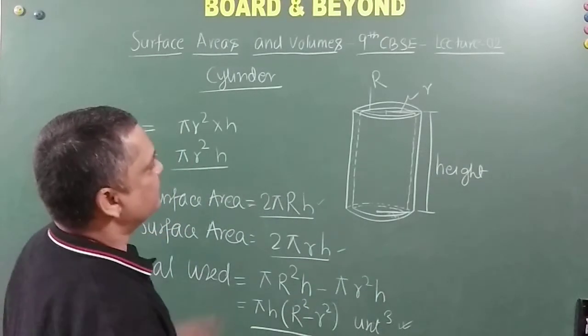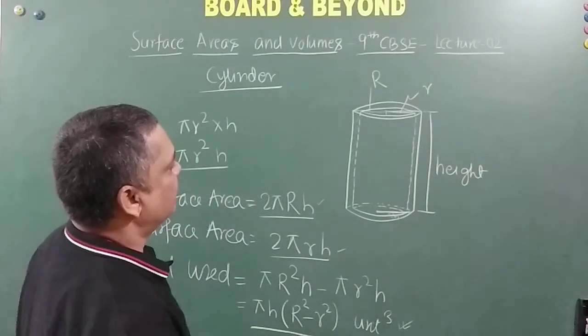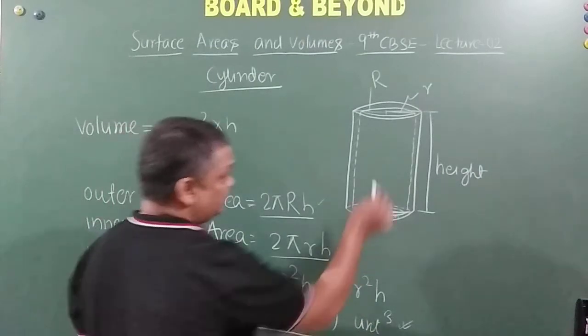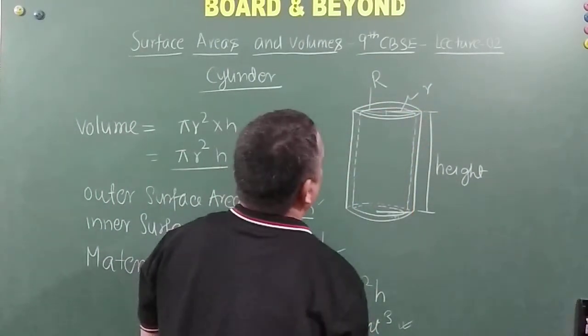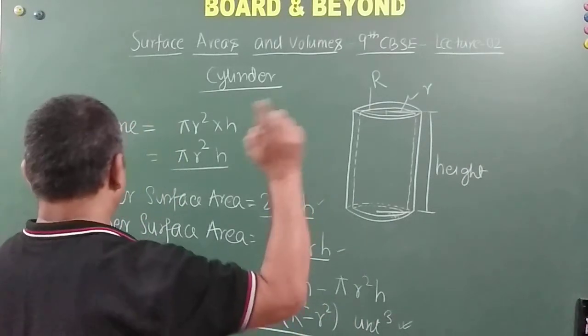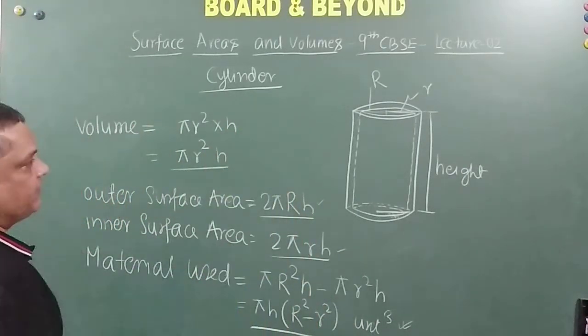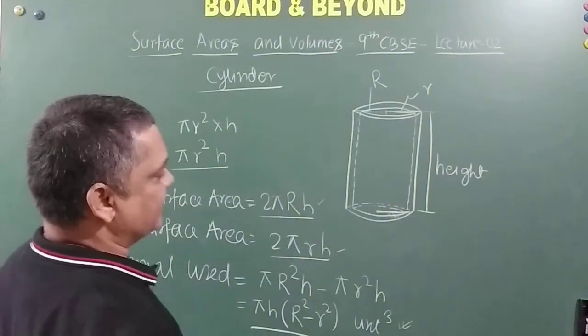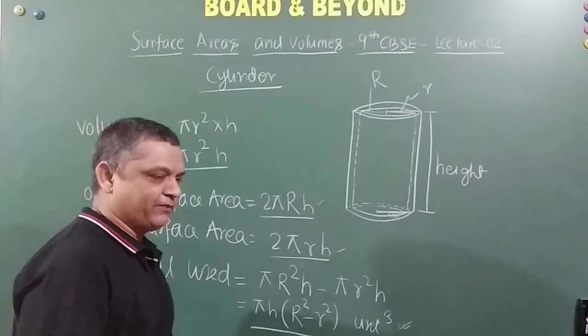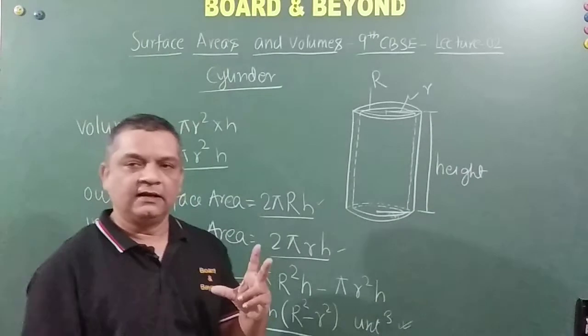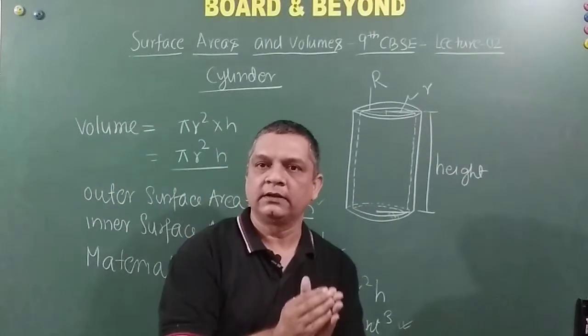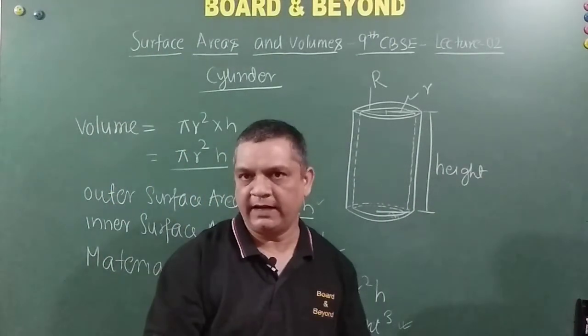Okay. Now is there anything left here? One more thing left. Friends, if you want to find the total surface area of this, how are you going to find it? Total surface area will be given by outer plus inner, right?